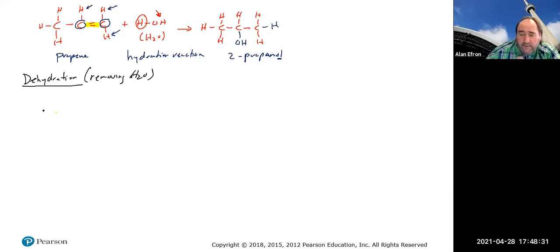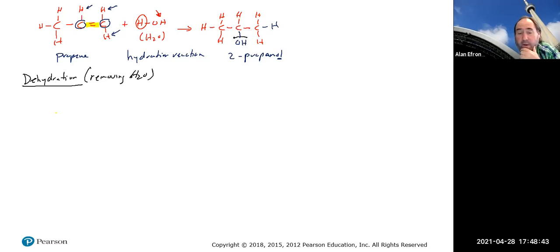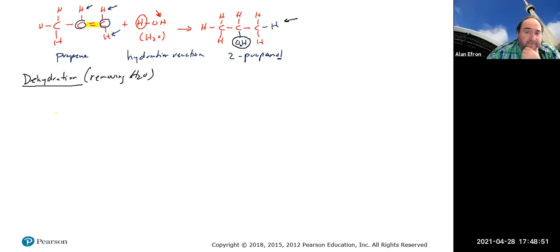Question? I have a question. Can you tell me again why the OH doesn't go at the end of 2-propanol? Are you asking why the OH ends up on this carbon and not the carbon that's over here? Yes. So there's a rule which is technically known as Markovnikov's rule.